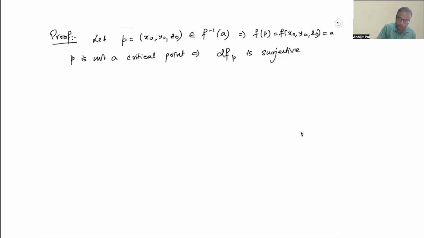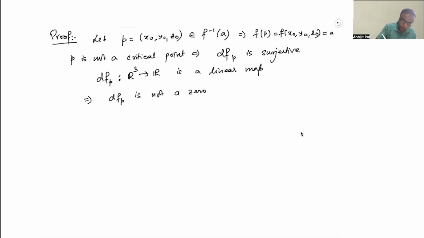Okay, so this is a linear map and it is surjective. So this will imply that d f at P is not a zero map.